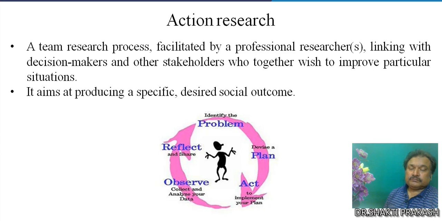What is the method of this? First, identify the problem. Second, decide the plan. Third, act to implement your plan. Then observe and collect the data, analyze your data, and reflect.